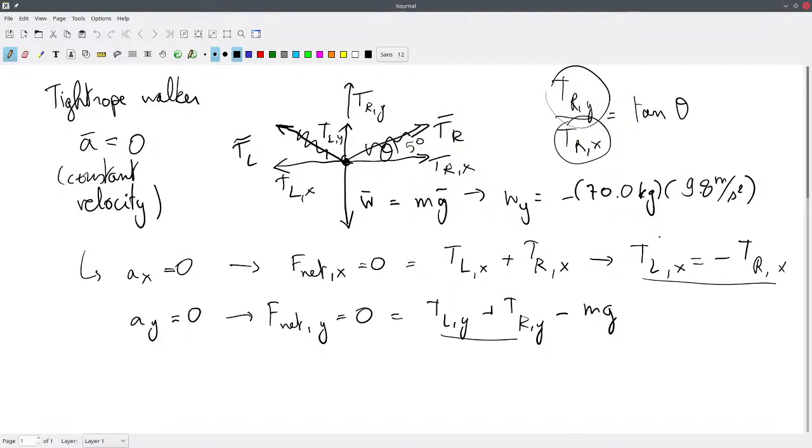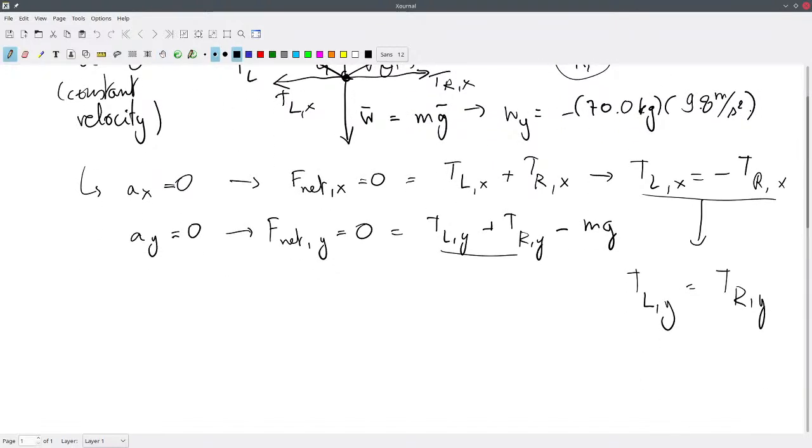And since the same thing is true for TLx and TLy, it will also be equal to the same angle theta, we can actually see that this will mean that TLy must be equal to TRy. And in fact, the magnitude of TL must be equal to the magnitude of TR.